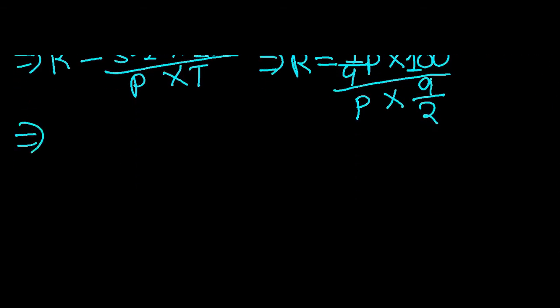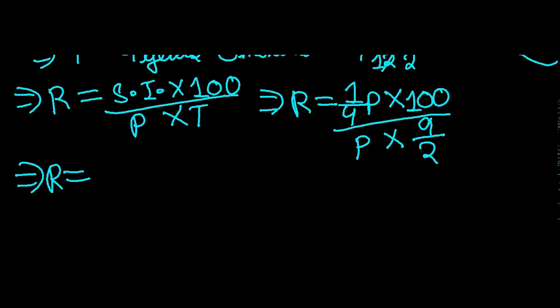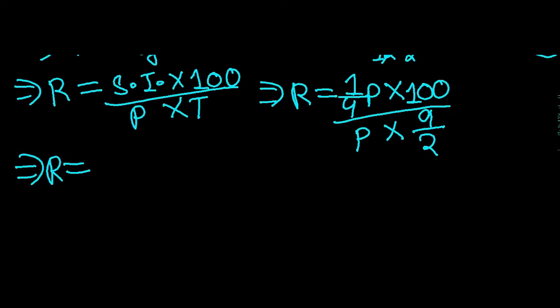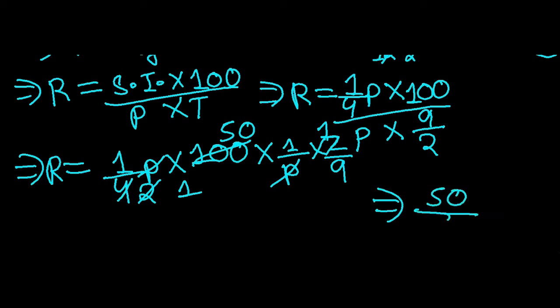And now we will solve this sum. R is equal to, we will first write 1 by 4 P into 100 into 1 by P into 2 by 9. 2 ones are 2, 2 twos are 4, P will be cut, 2 ones are 2, 2 fifties are 100, and now we are left with 50 by 9.